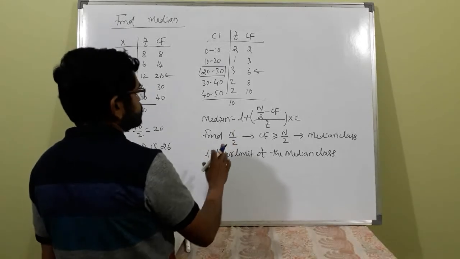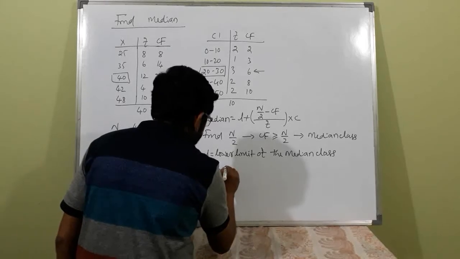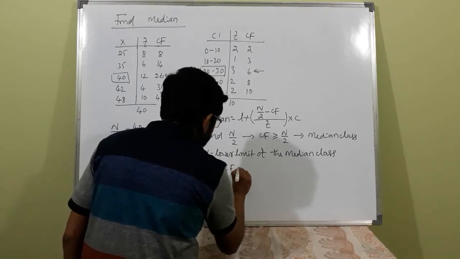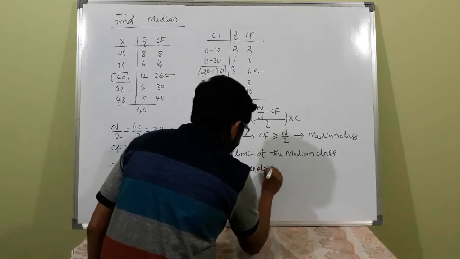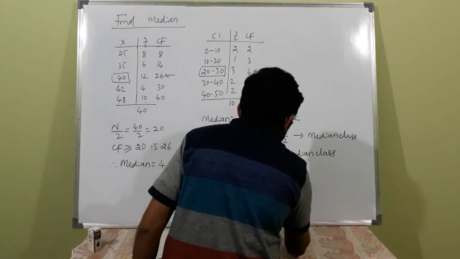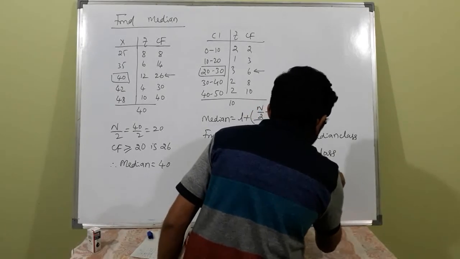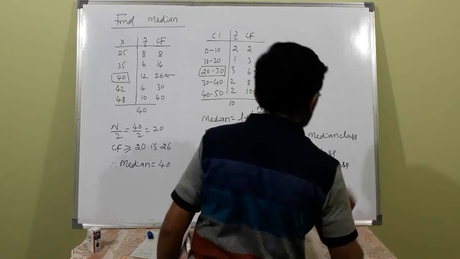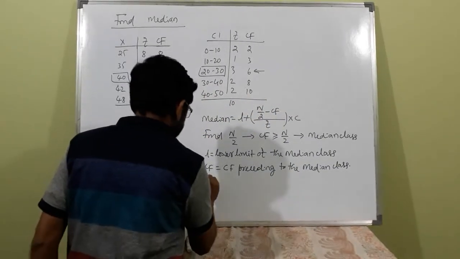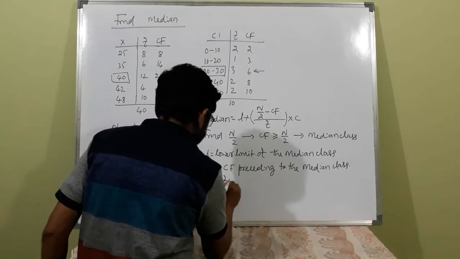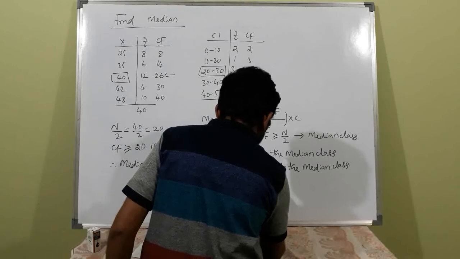One thing is over. What is CF? CF is the cumulative frequency preceding the median class. F is the frequency of the median class.